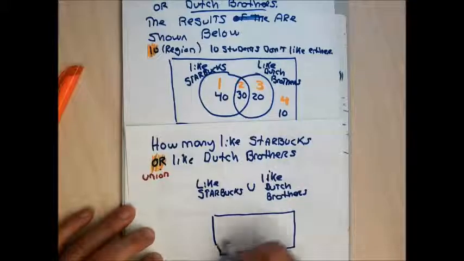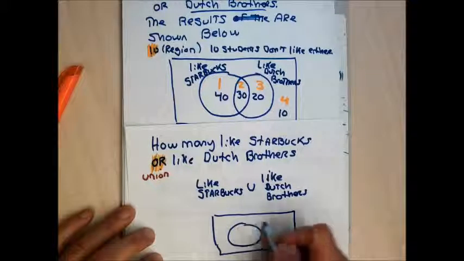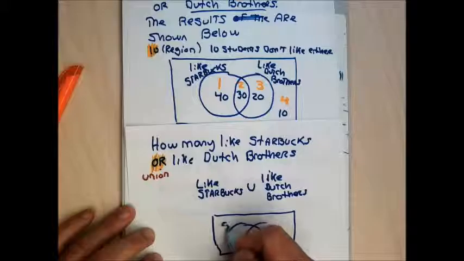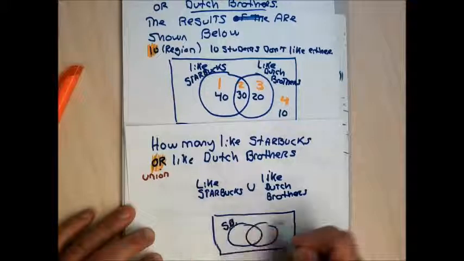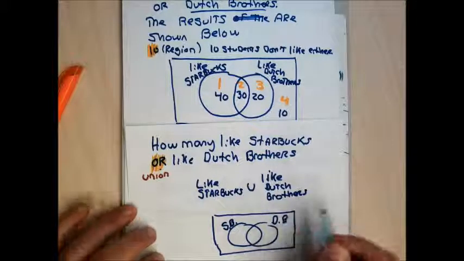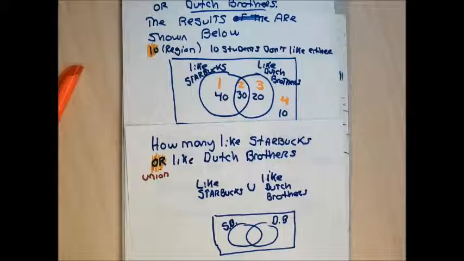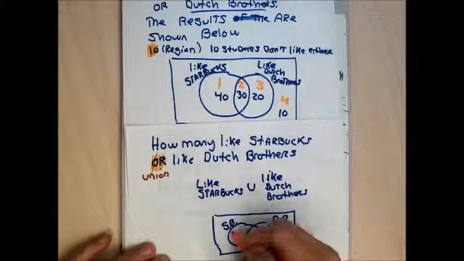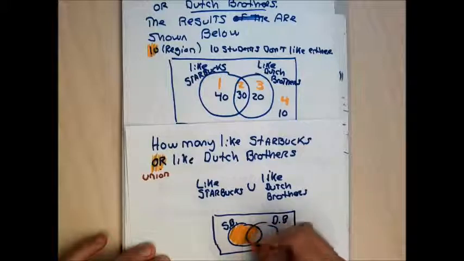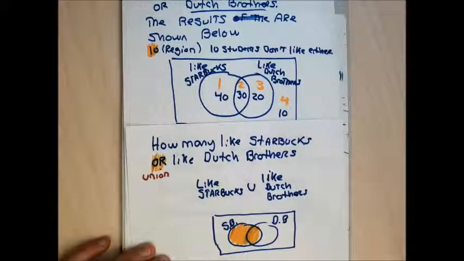So for this particular problem, I have my like Dutch Brothers and my like Starbucks. To be counted, you have to like Starbucks or you have to like Dutch Brothers. If you're a student that likes Starbucks, that means you're in the Starbucks circle. So I'm going to count all those students for this because they classify as liking Starbucks. Because or is a union, I'm not going to do multiple colors when I go to draw the picture.